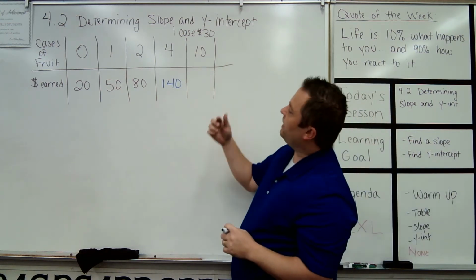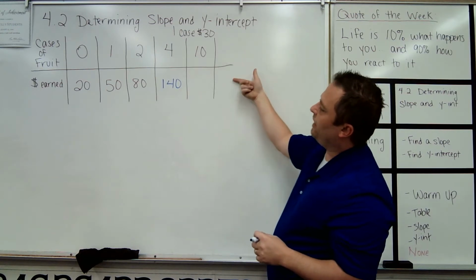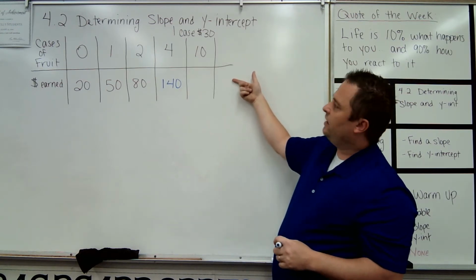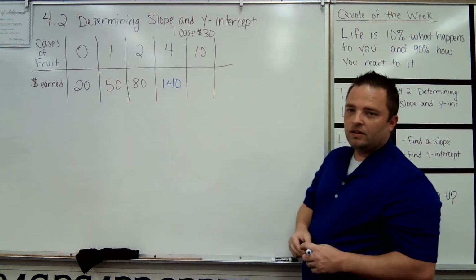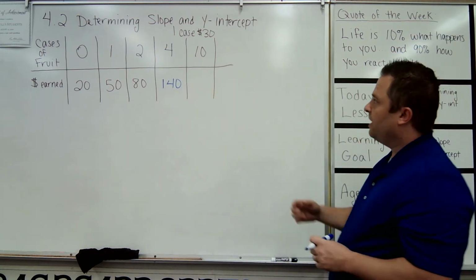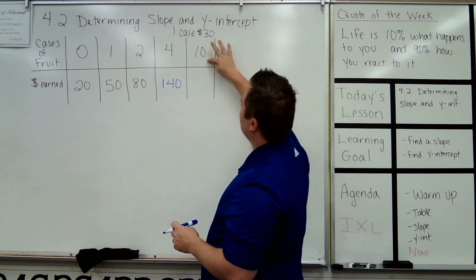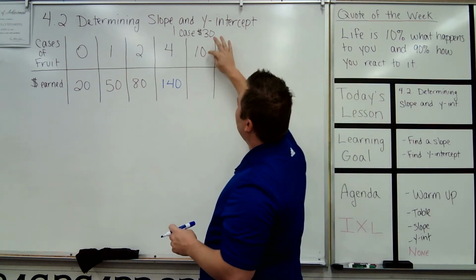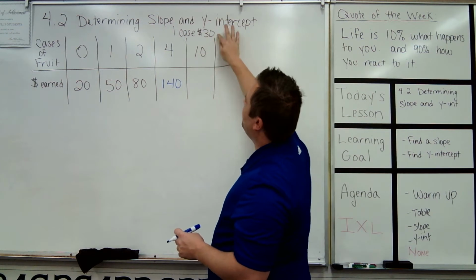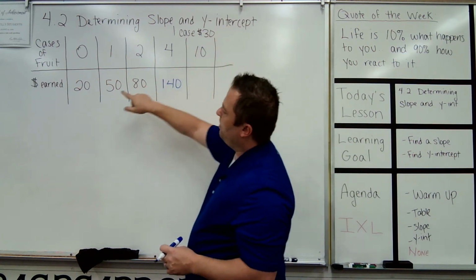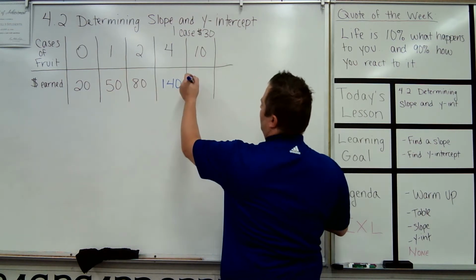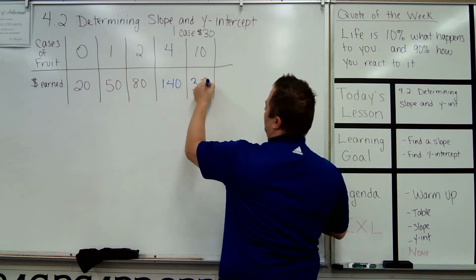Remember, the relationship between the cases of fruit and the money earned is not the same as the relationship between 1 case and 2. Okay, so be careful. If I picked 10 cases at $30 is $300 because 30 times 10 is 300 plus 20, I would have $320.